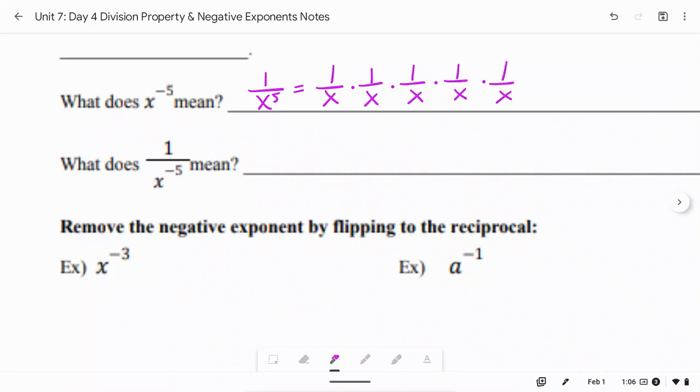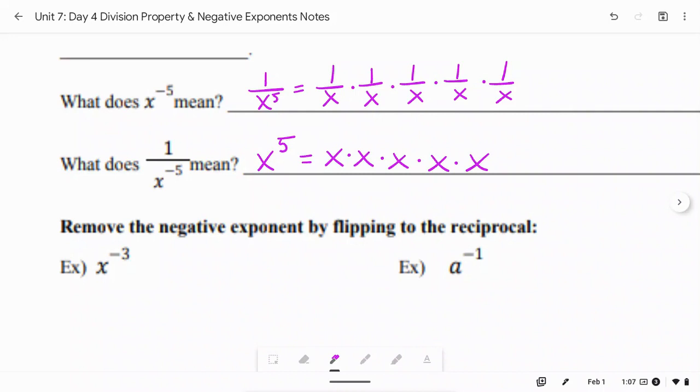So basically multiplying that fraction by itself 5 times. So therefore, what does 1 over x to the negative 5th power mean? Well, that would be the same thing as the reciprocal and making it a positive exponent. So that would be the same thing as just x to the positive 5 power, which remember was x times x 5 times.